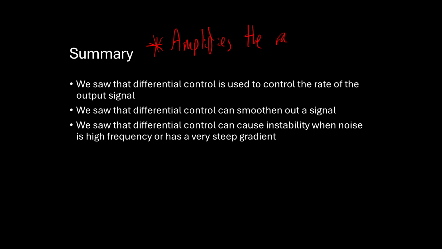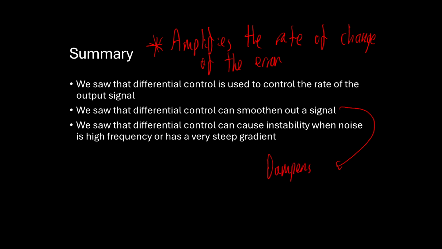And by doing this, it smoothens out a signal, or it dampens the output. Be aware that this slows down your system. Now, you must be really careful with KD or differential control because it causes instability when noise is high frequency or has a very steep gradient.